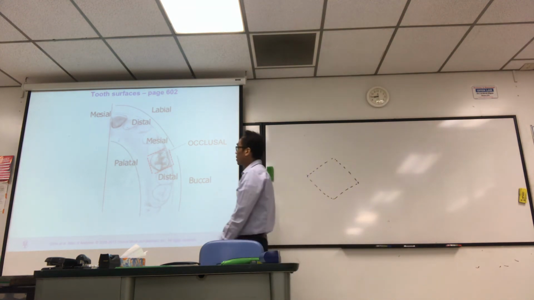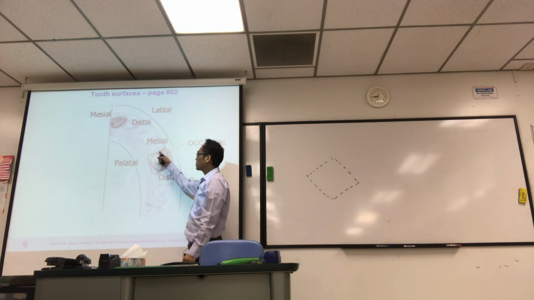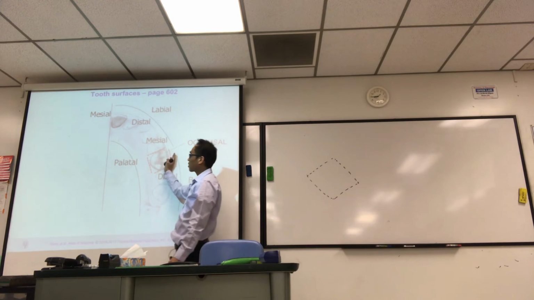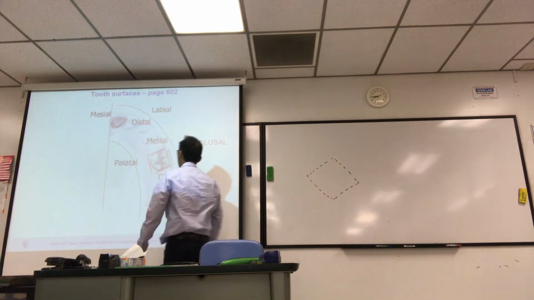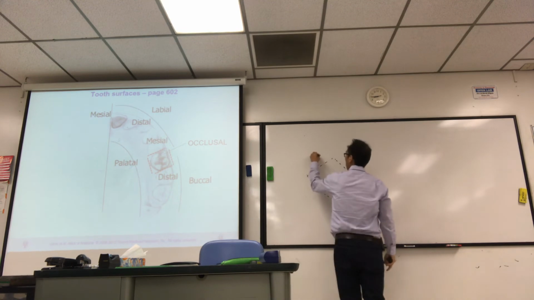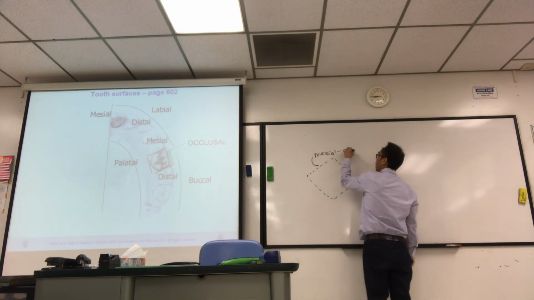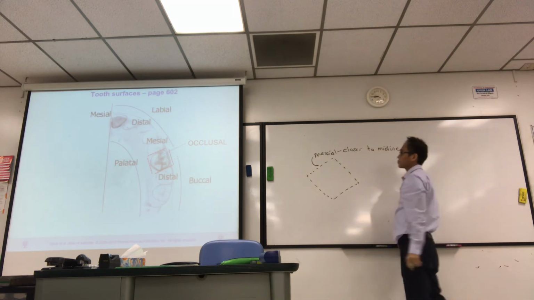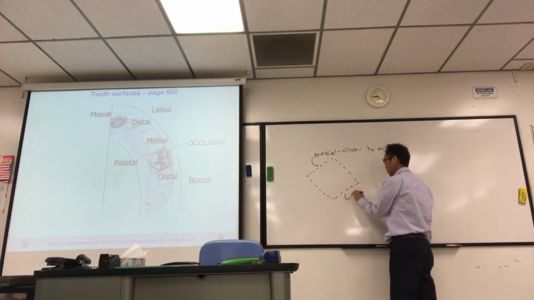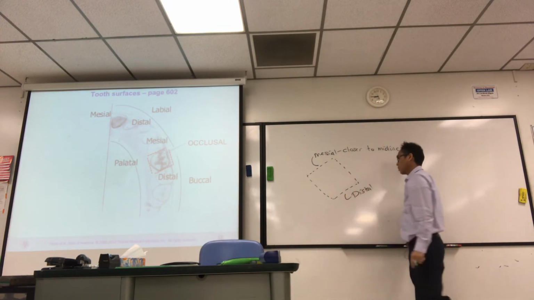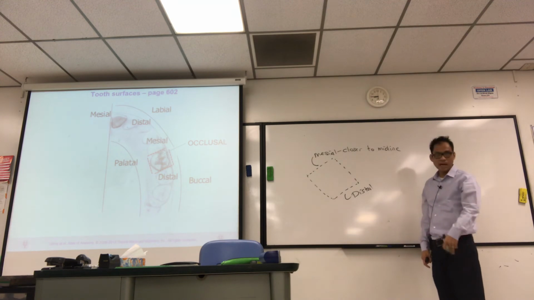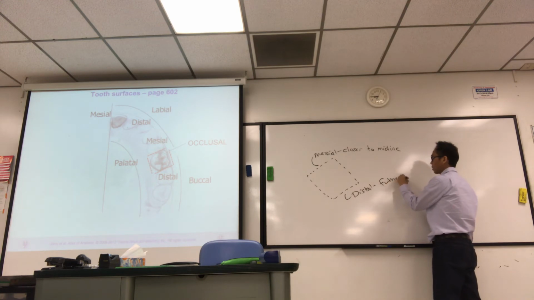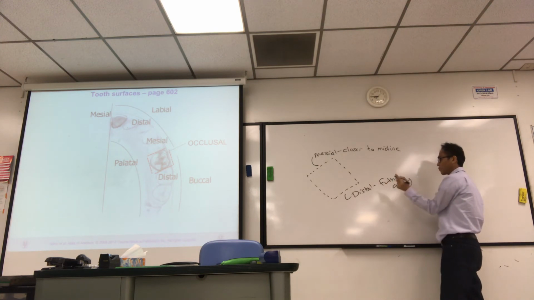The contact surfaces are called mesial and distal. The mesial is closer to the midline. The distal is further away from it. It's the side opposite mesial. I'll just describe it as further away.